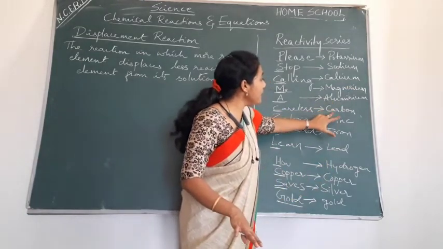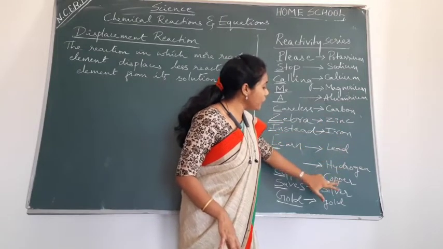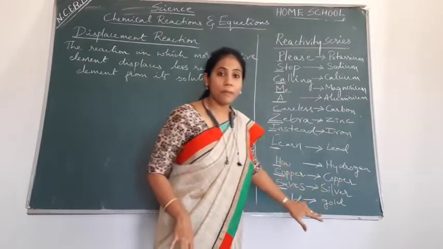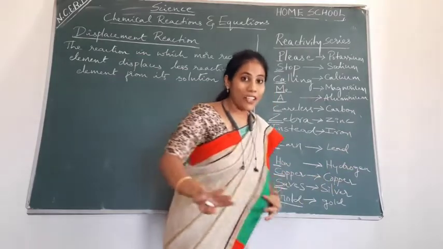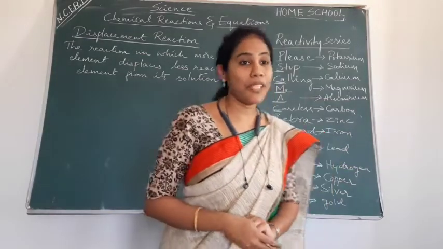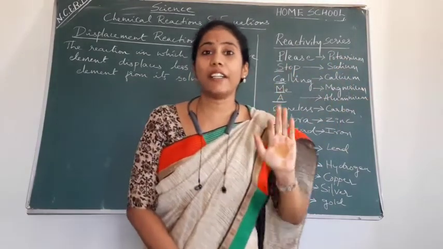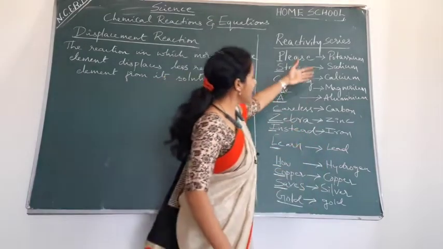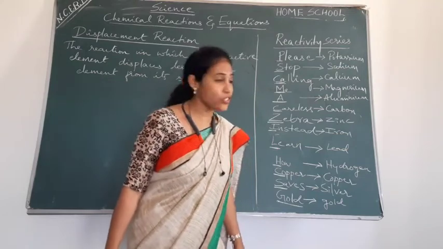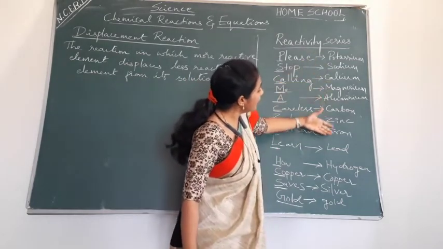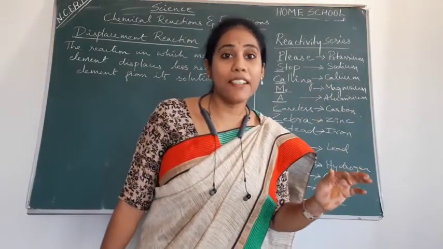Later comes aluminium, after that carbon, after that zinc, iron, lead, hydrogen, copper, silver, gold. The elements placed at the bottom, at the end, are all less reactive elements. Elements placed on the top are all highly reactive elements. So this is the decreasing order of reactivity of elements which are there in a periodic table.